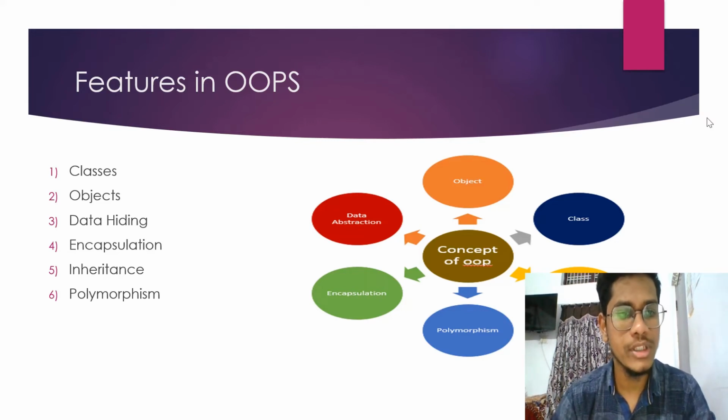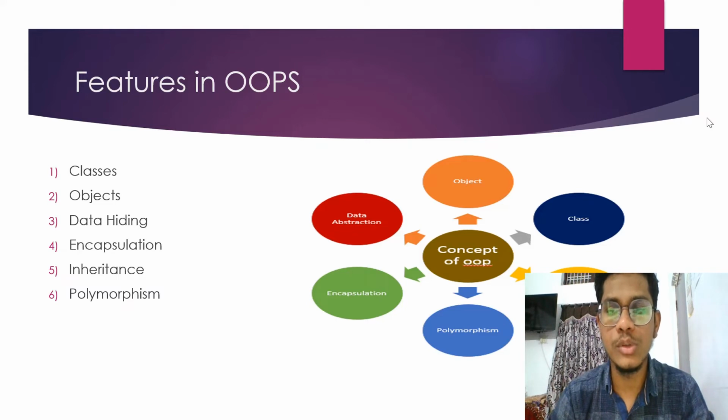And the main features are class, objects, inheritance, data abstraction, encapsulation, and polymorphism. Okay, first let's move on to the first feature, class. What is a class? In a class, we are going to define the data members and member functions. So why is it different from a C structure?